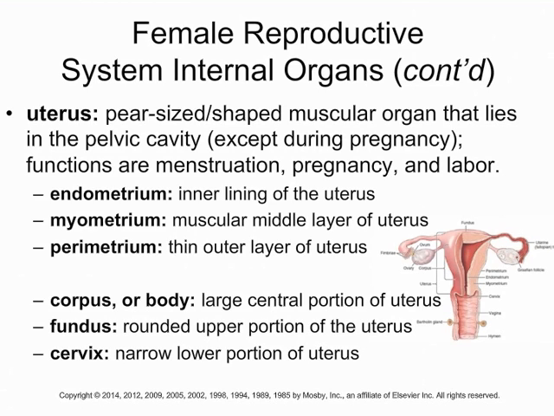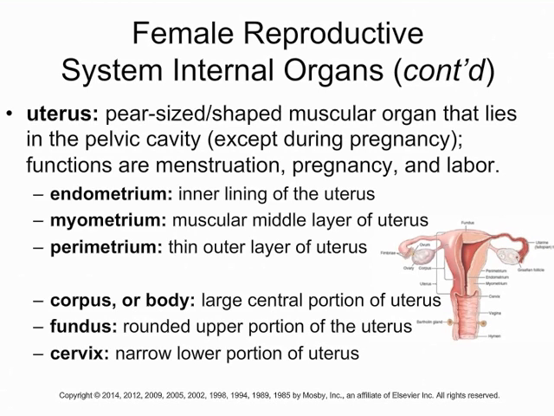There's also sections of the uterus, and each section has a name similar to the intestines and the digestive tract, each having a name. There's the corpus, or the body, which is the main portion of the uterus. The fundus is the very top rounded portion. And really, you don't have to know what those 2 sections are.